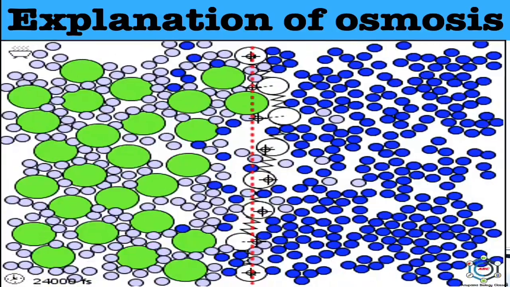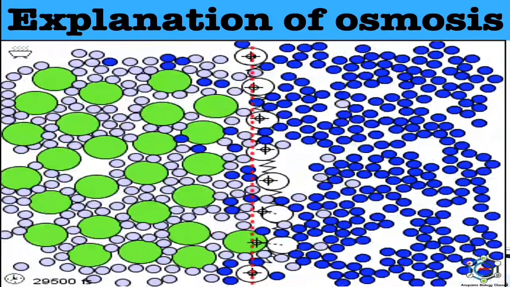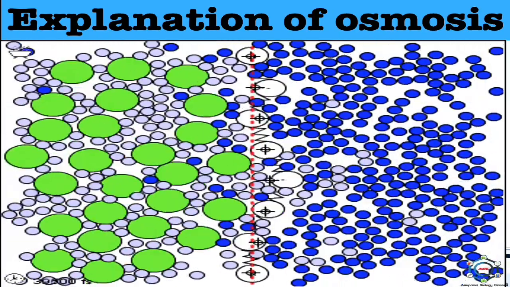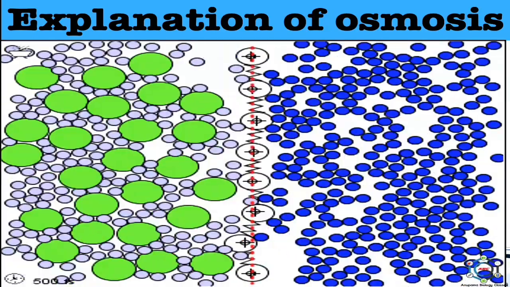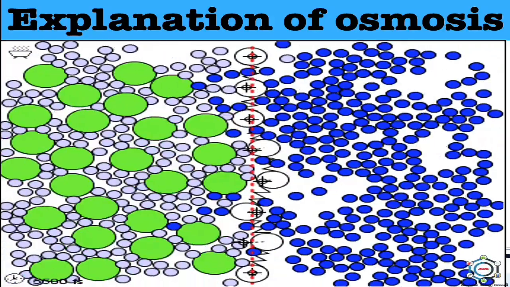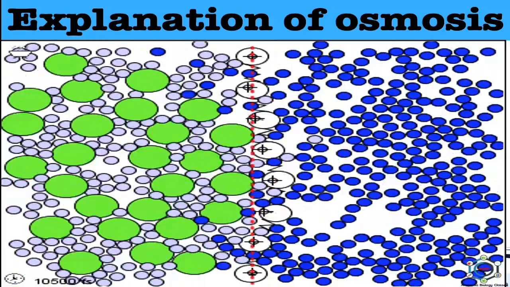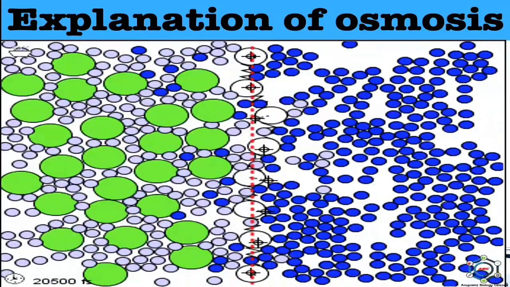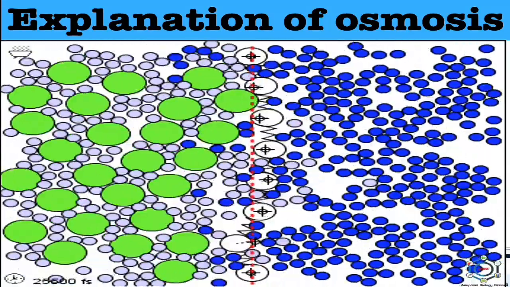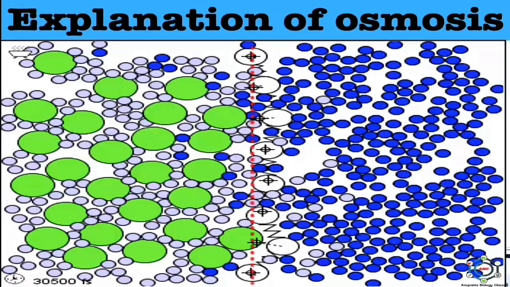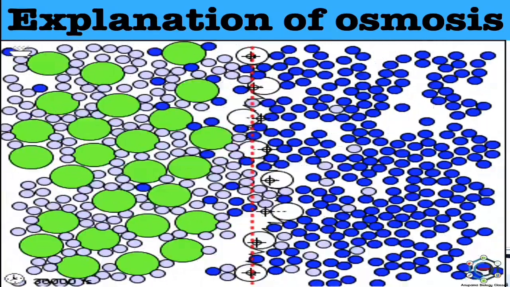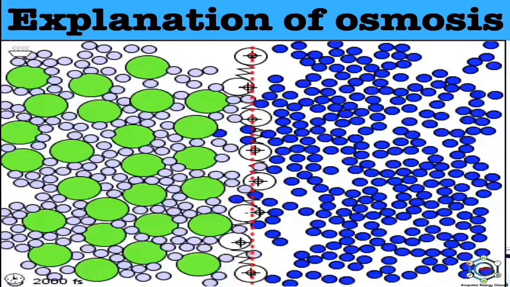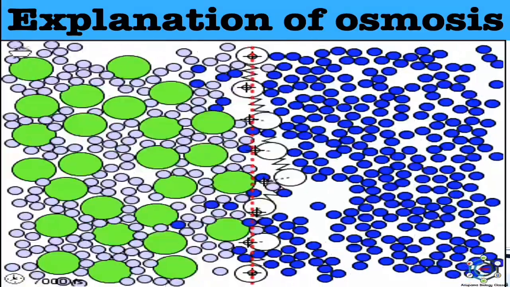Therefore, the free energy, diffusion pressure and chemical potential of solvent molecules in a solution are always less than those of the pure solvent. Similarly, these values for the solvent in a dilute solution are always more than those of the solvent in a concentrated solution.